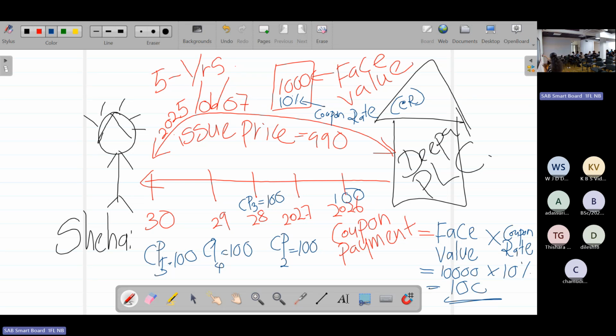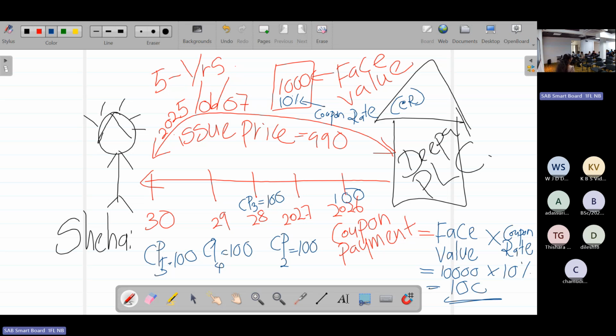Now, at the end of the fifth year, 2013, June 7th, the investor Shehan goes to the company and presents these papers to the PLC. At the end of this fifth year, the company needs to settle what?